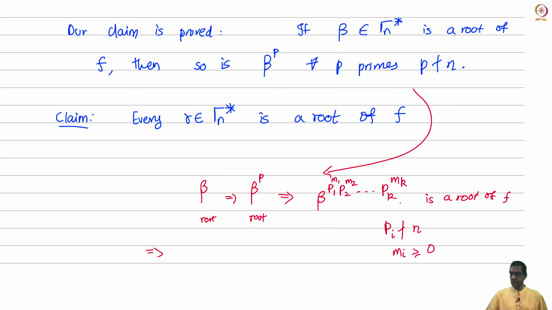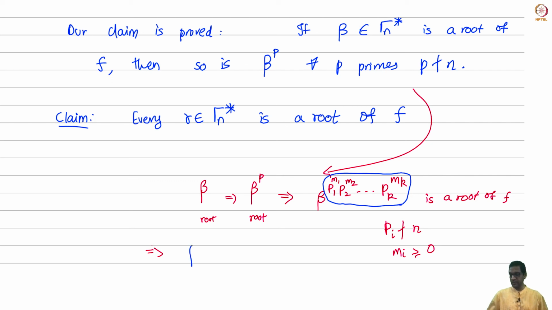In particular, look at these numbers on top. What are these? This is exactly how you construct numbers which are relatively prime to n, right? Those are just going to be products of prime powers where the primes don't divide n.